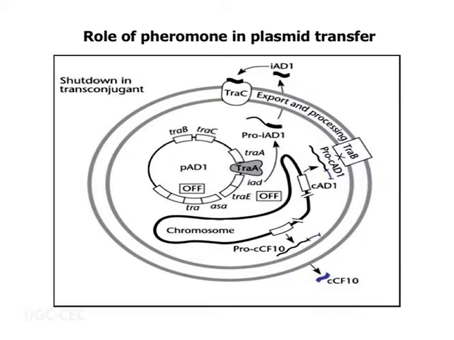This IAD1 has higher affinity towards the TRA-C protein, which is now generated on the cell surface of the newly recipient bacteria that has now become equivalent to a donor. So it will block the binding of the signaling molecules, thereby restricting the entry of similar plasmids again into the bacterial cell.